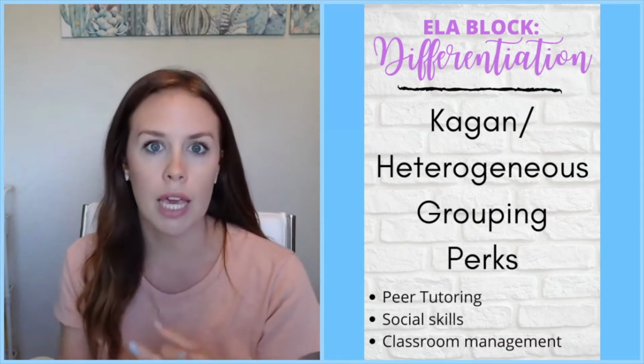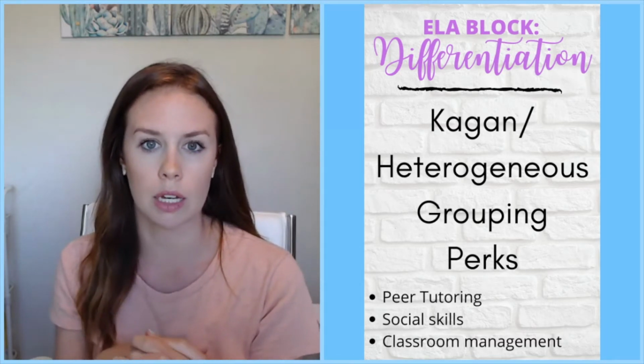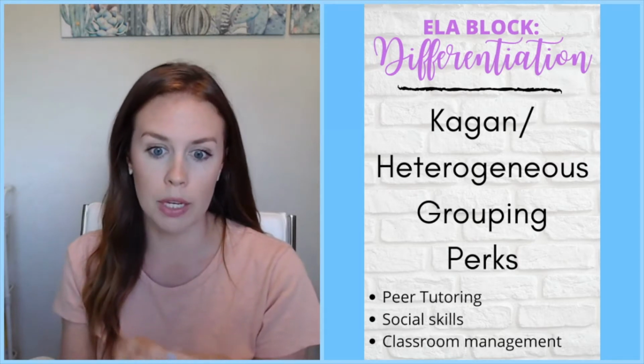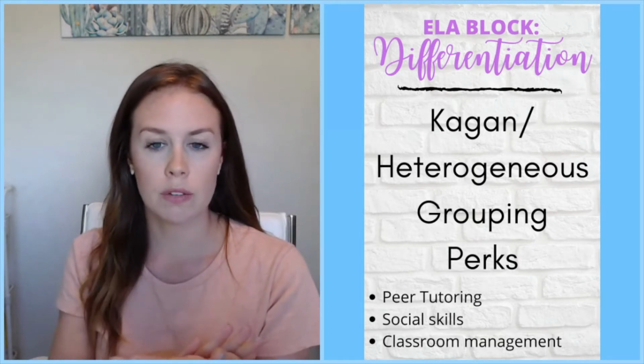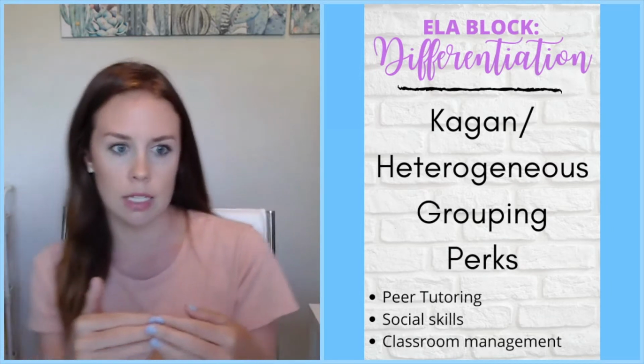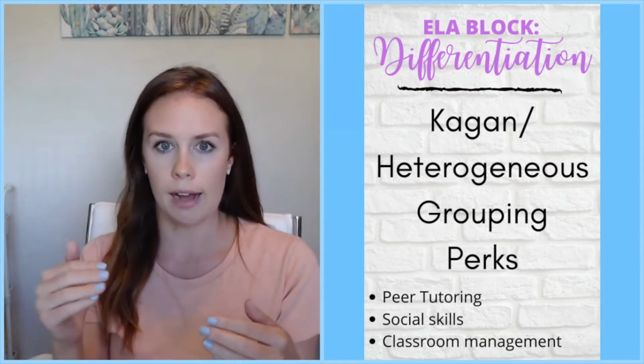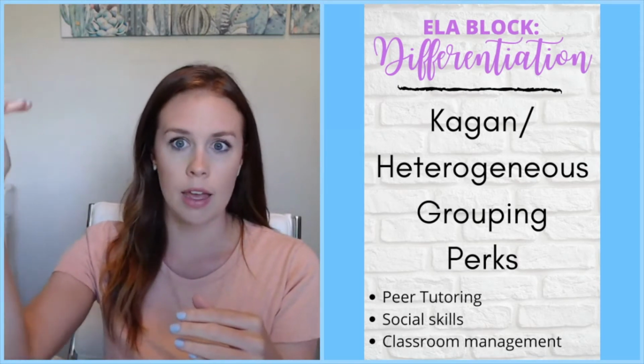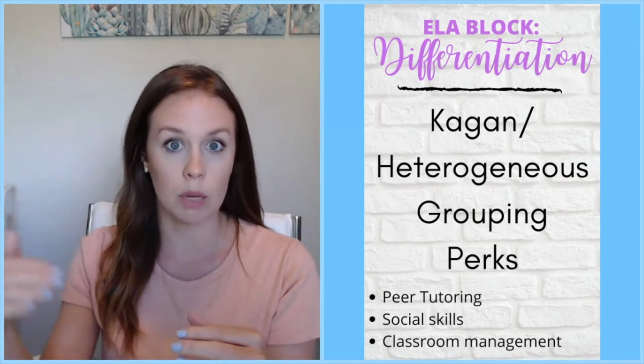If you've ever heard of Kagan cooperative learning, he has some strong suggestions for heterogeneous grouping. Some of the perks of what Kagan suggests is to have in each group a high, a medium, a low medium, and a low.